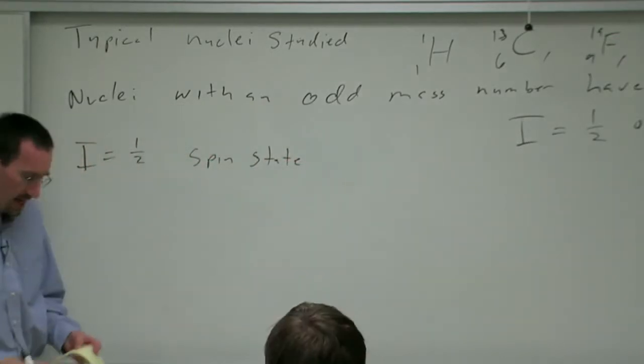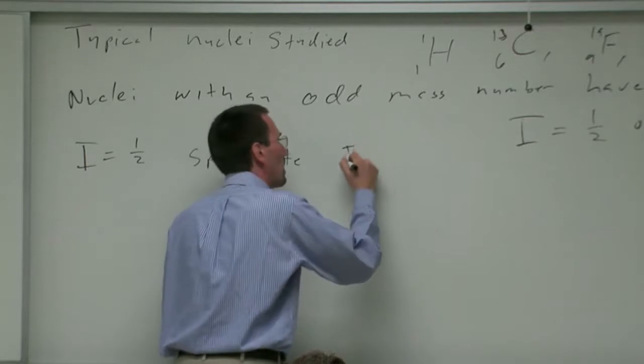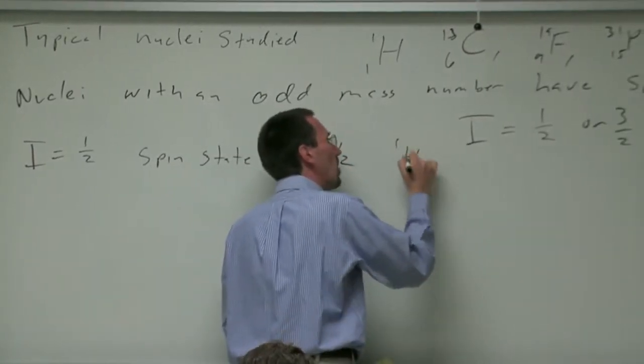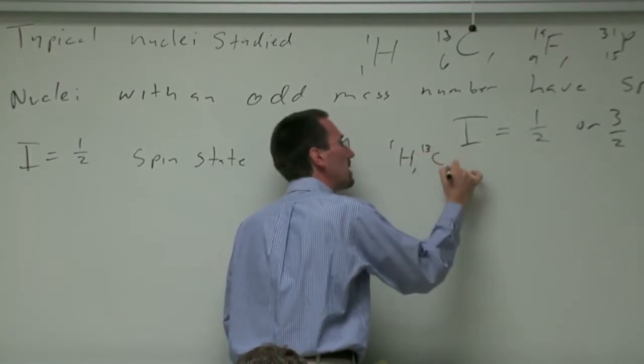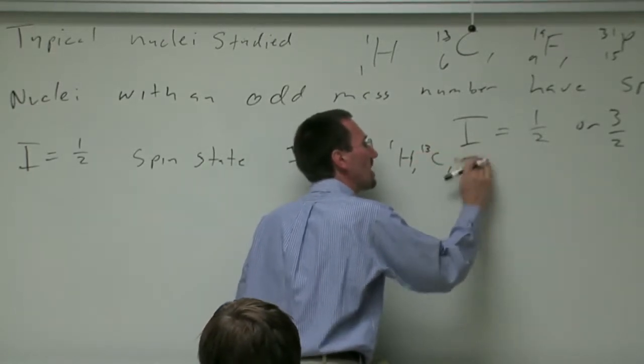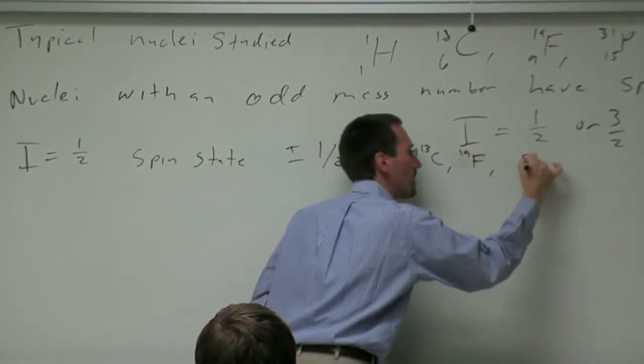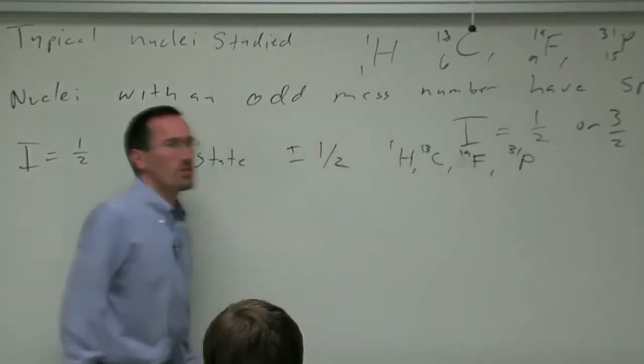And so the spin states are plus or minus 1/2. So that's all of these, H1, C13, F19, we'll come to nitrogen in just a second, and P31.